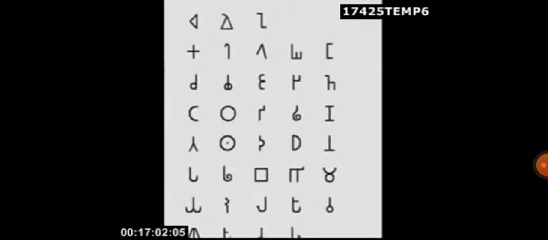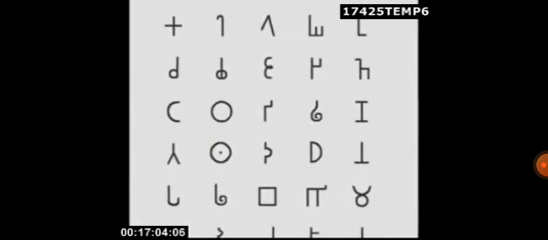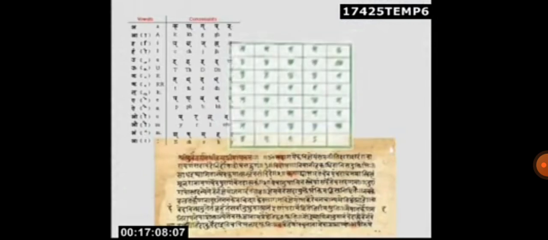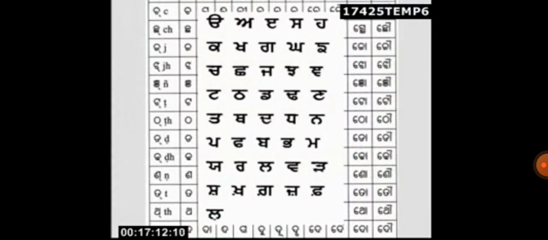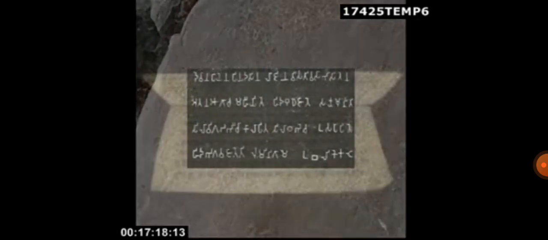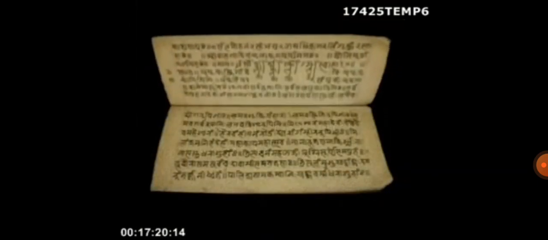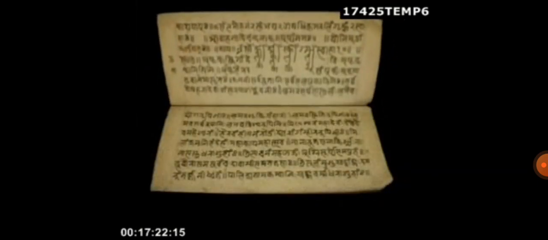On the side of the script, Brahmi seems to have given way to Nagari and all the other later Indian scripts. So eventually, Prakrit written in Brahmi slowly gave way to Sanskrit written in Nagari and its other local variants.